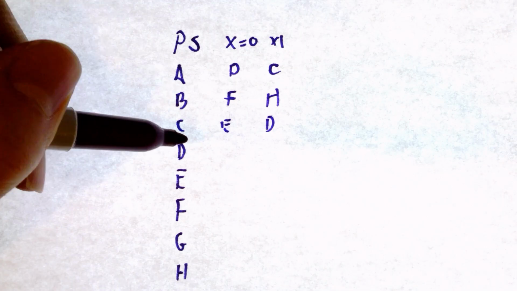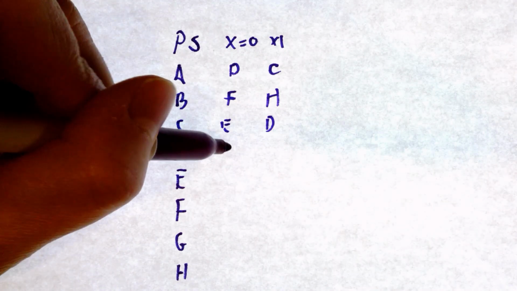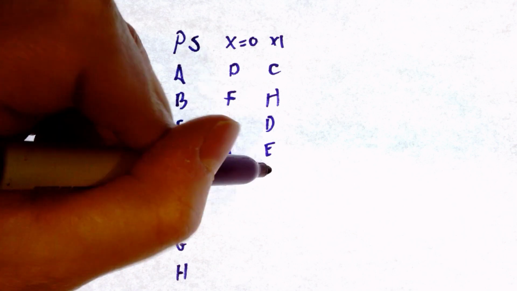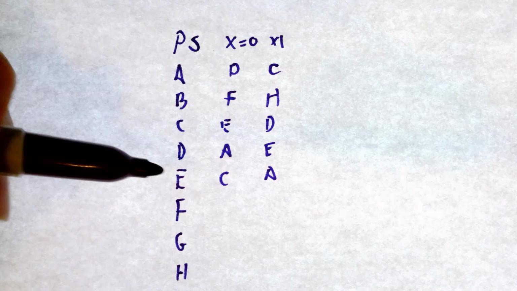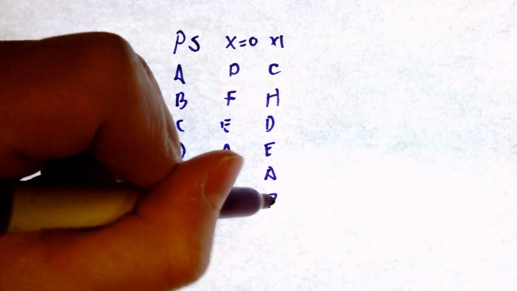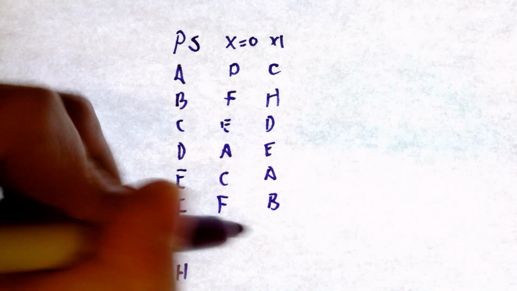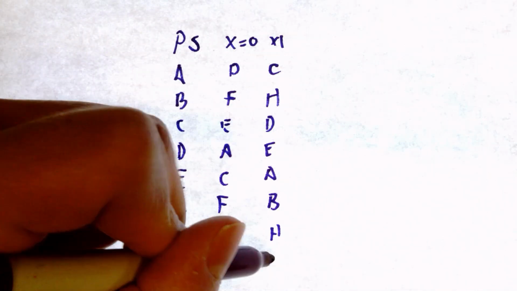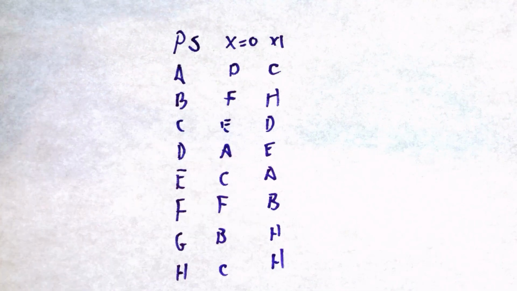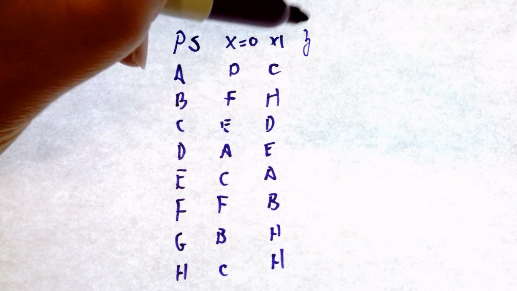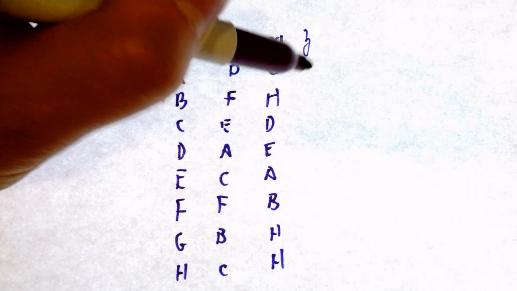And then we'll do AE, CA. Then we'll do FB. And then BH, CG. For our output Z, we'll just write out 00101.